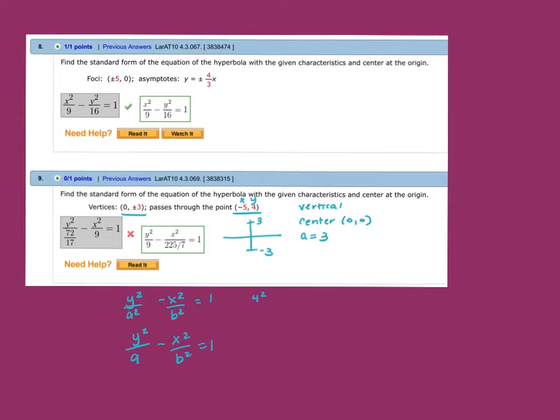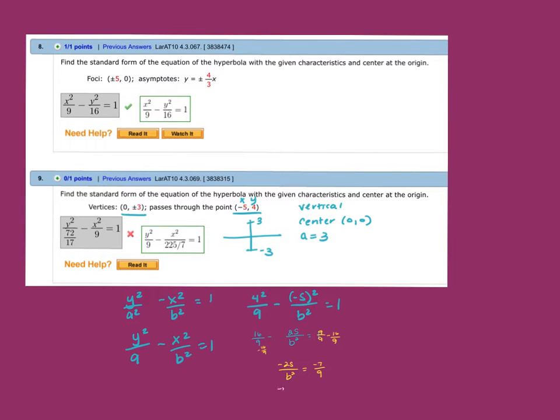So 4 squared over 9 minus negative 5 squared over B squared equals 1. 16 over 9 minus, this would be 25 over B squared equals 1. Subtract the 16 ninths, so 9 ninths minus 16 ninths, negative 25 over B squared equals negative 7 ninths.